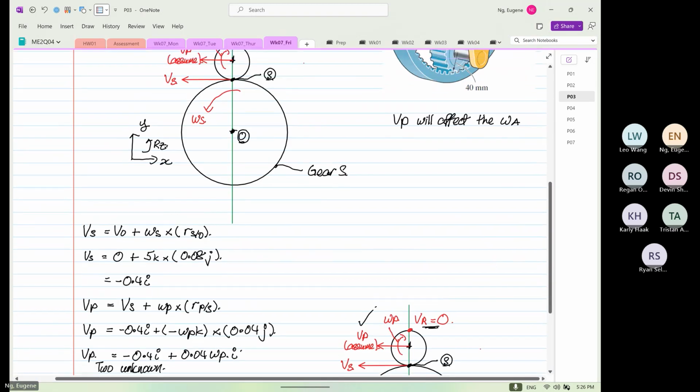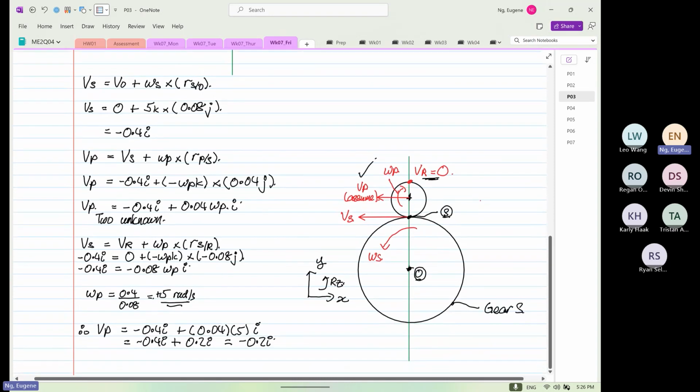Now we are going to determine what is our shaft rotation.